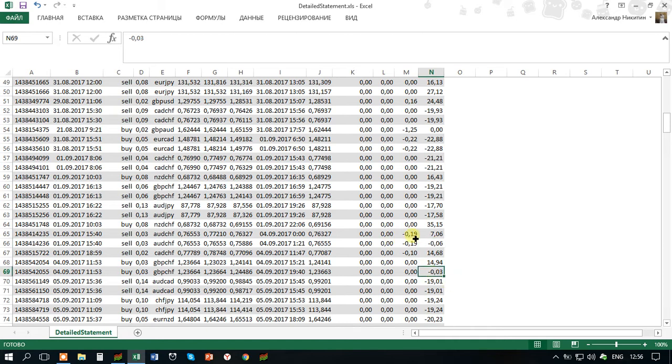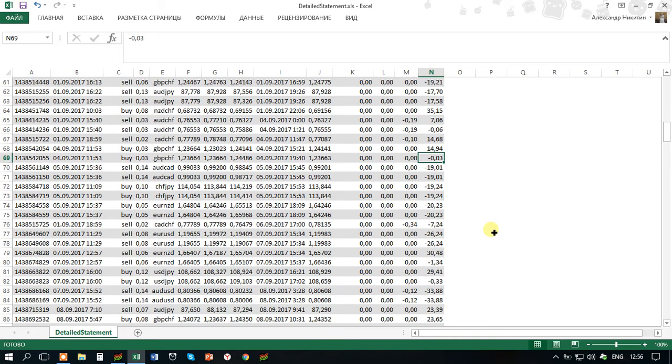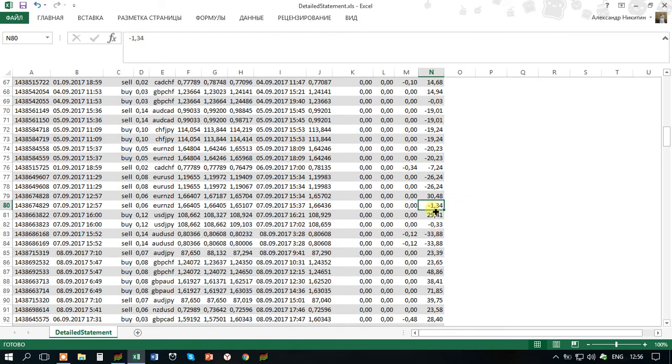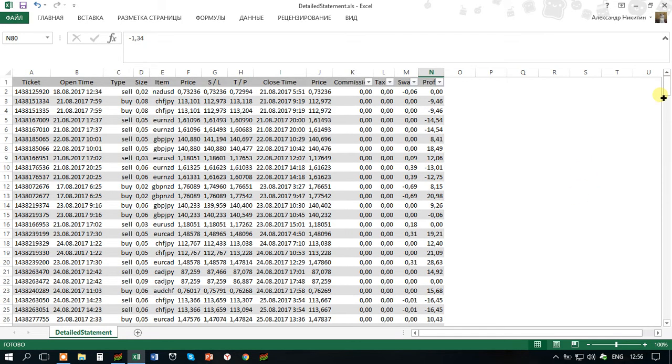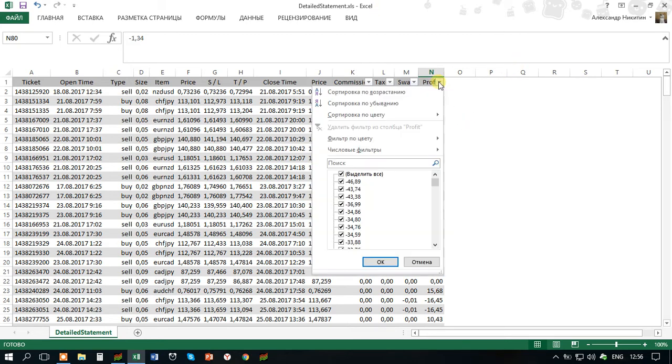Sometimes I have negative swap, or some other thing that may affect the results, and instead of a positive outcome I have it negative. Instead of a positive trade, MetaTrader calculates it negative. Let me fix that by slightly adjusting the numbers.